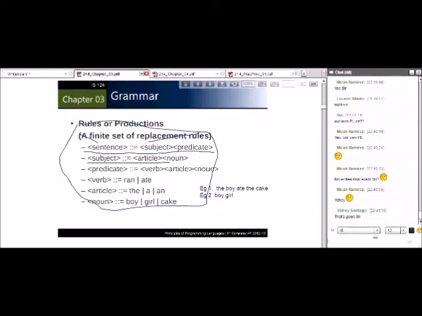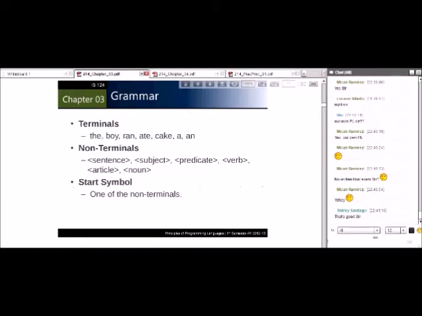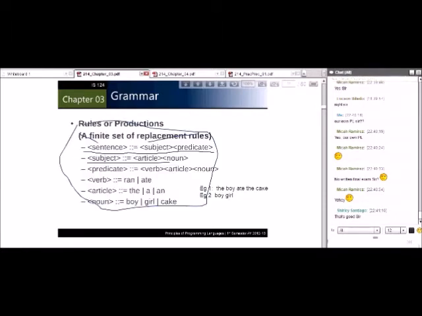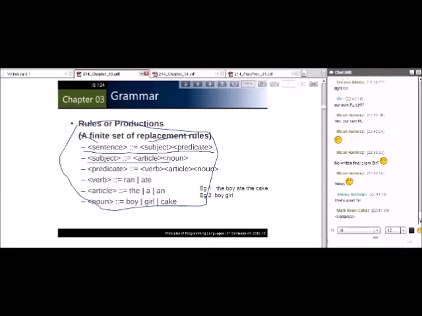Okay? So we go back here. The boy ate the cake. So how do we produce the parse tree? What do you think is the start symbol?